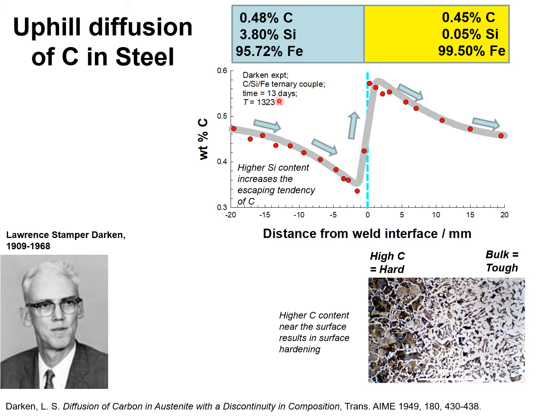At the end of that period, the bars are quenched and the weight percent carbon determined as a function of distance from the weld interface. The data are plotted by the red circles in this graph.